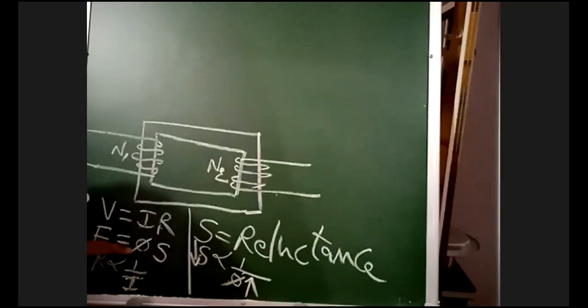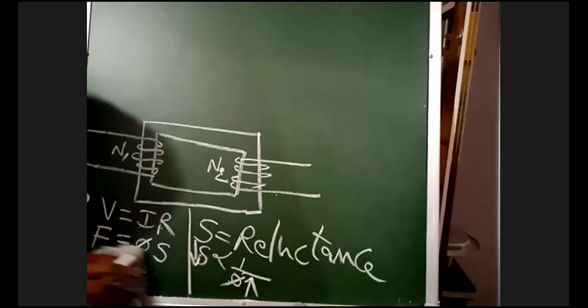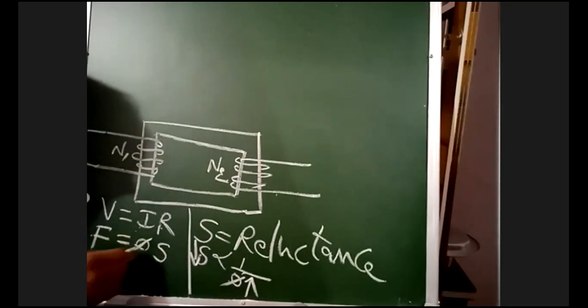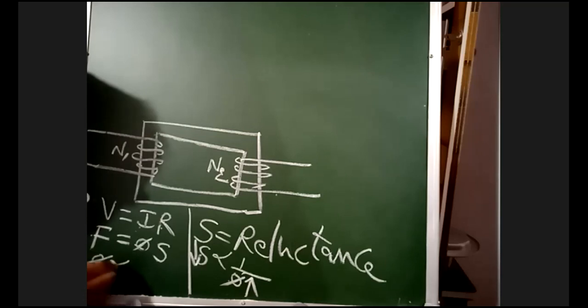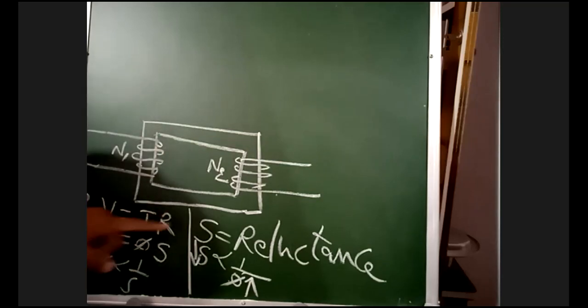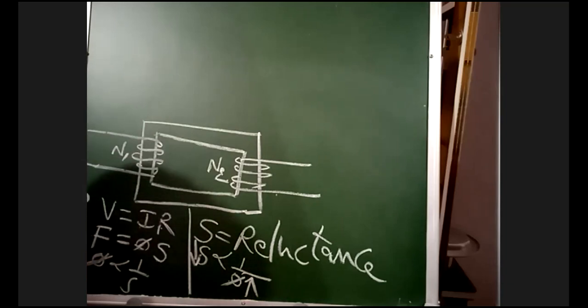Similarly, F is equal to phi into S. Bring the S to this side: phi is inversely proportional to S. Just like resistance, reluctance means which opposes the flux. Write down: reluctance means which opposes the flux.